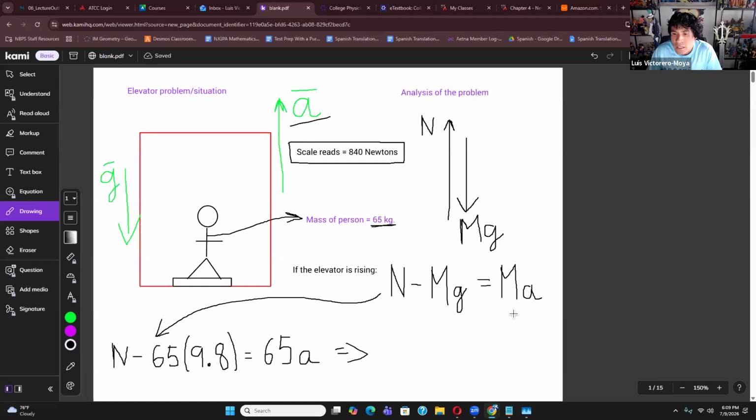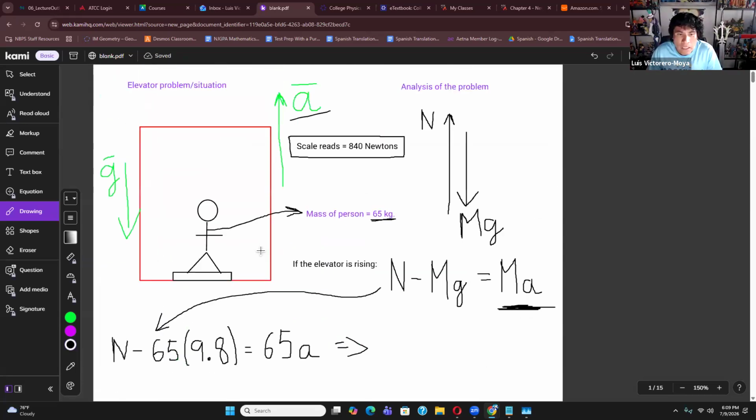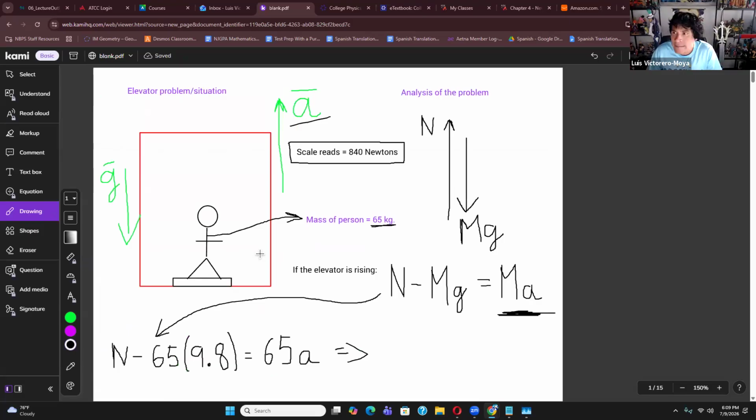The mass times acceleration is the resultant of the difference of these two. Since you're going up, and you guys have been on elevators, you know the feeling of going up is different than the feeling of going down. When you go up, you do feel sort of an extra force going up. That's because the normal is a little bit greater than what your body is exerting on the scale.